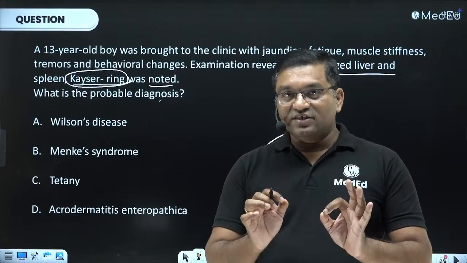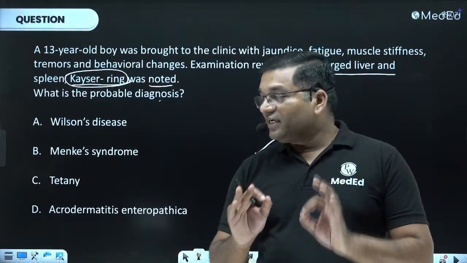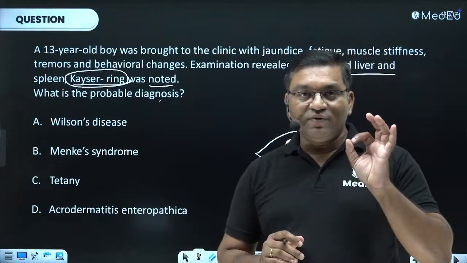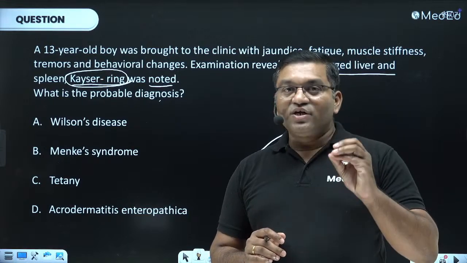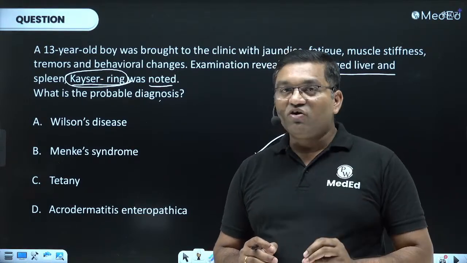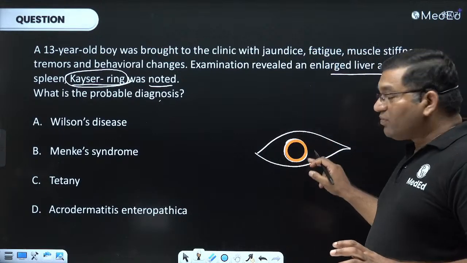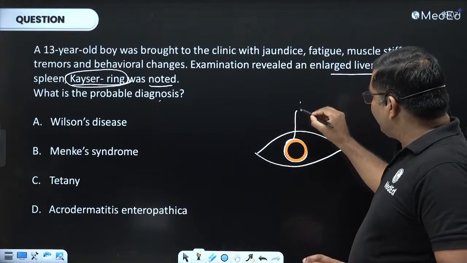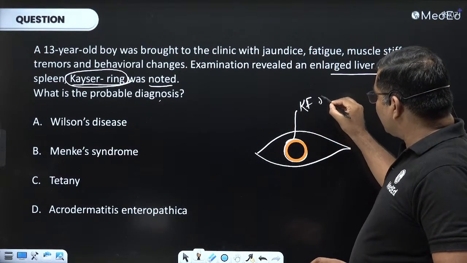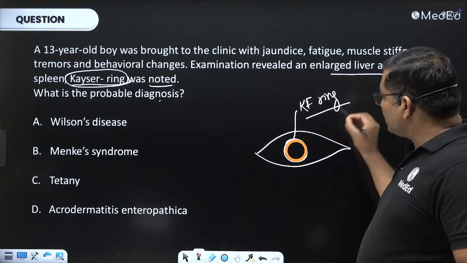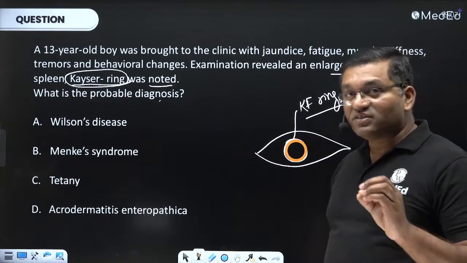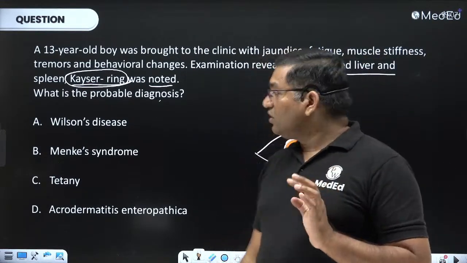Wilson's disease, hepatolenticular degeneration. What is hepatolenticular degeneration? There is involvement of the liver, and the lenticular nucleus of the brain is involved. There is a golden brown ring known as the Kayser-Fleischer ring, that is the KF ring, around the cornea. Also there is sunflower cataract in Wilson's disease due to deposition of copper.